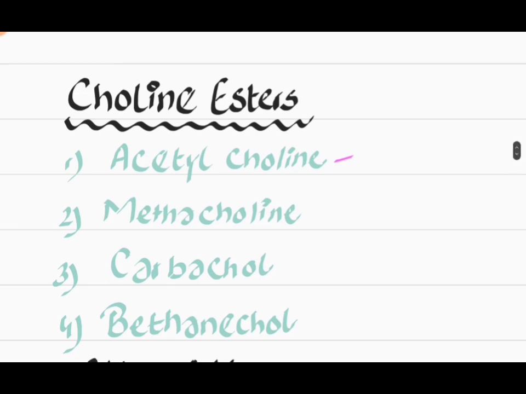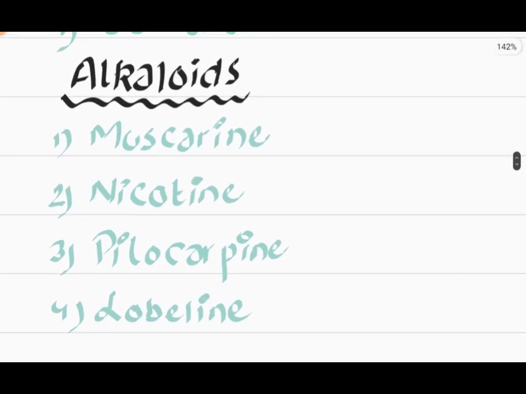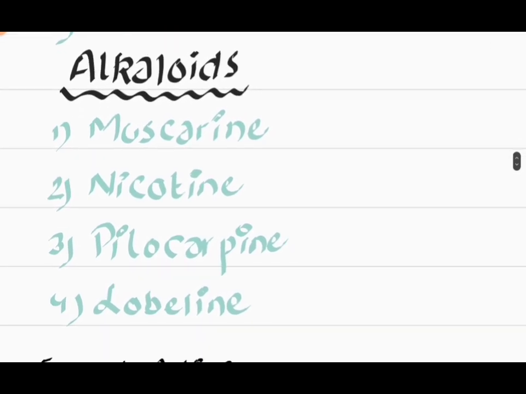And the other drugs that come under this category are methacholine, carbachol, and bethanechol. The other class is alkaloids. Alkaloids include muscarine, nicotine, pilocarpine, and lobeline. Both these classes are present naturally. And actually the names of the receptors were derived from these molecules.